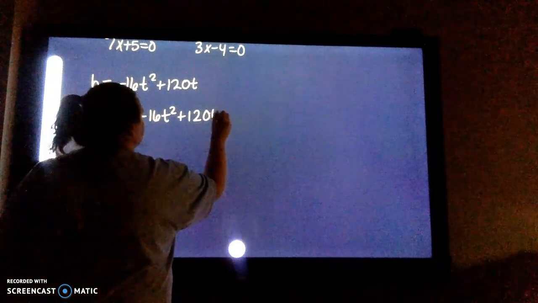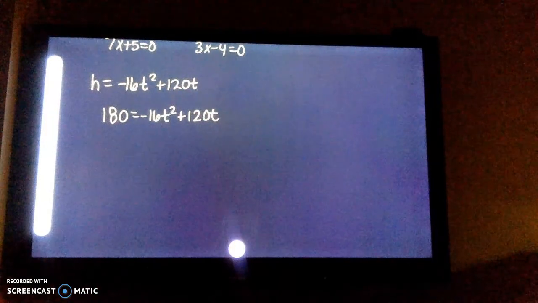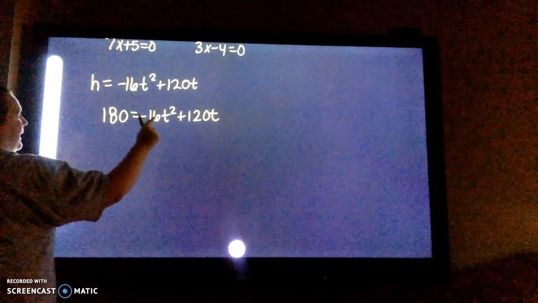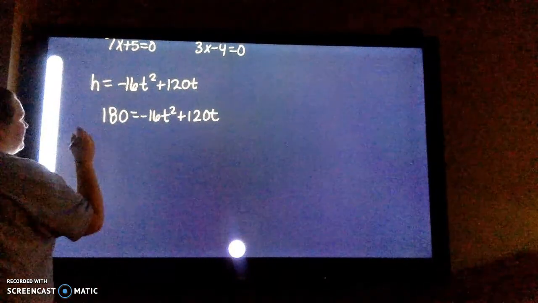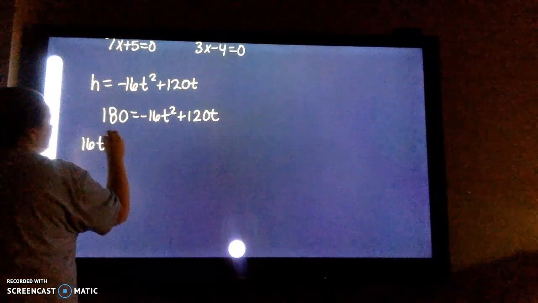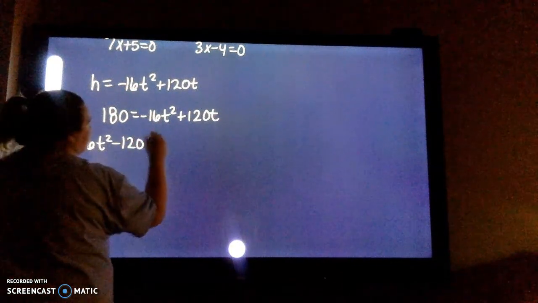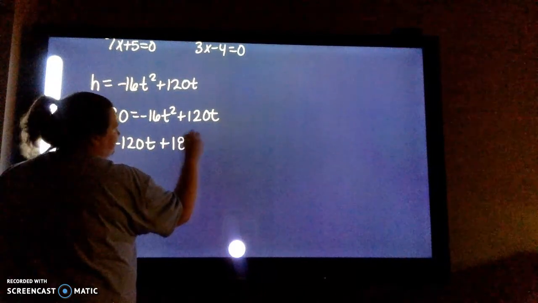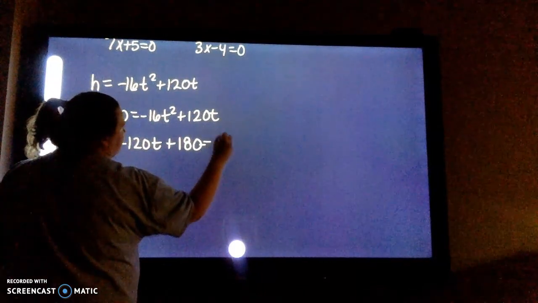This is clearly starting to look like a quadratic, so I need to move some stuff around. I'm going to move these left so that my 16 becomes positive. So I get 16t squared minus 120t plus 180 equals 0.